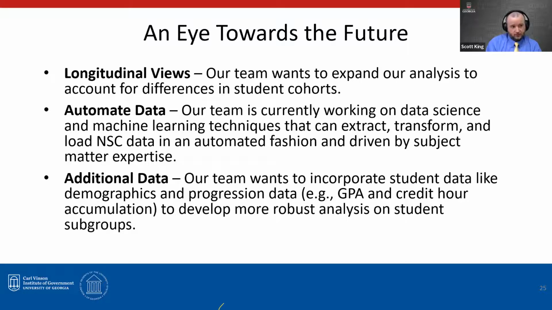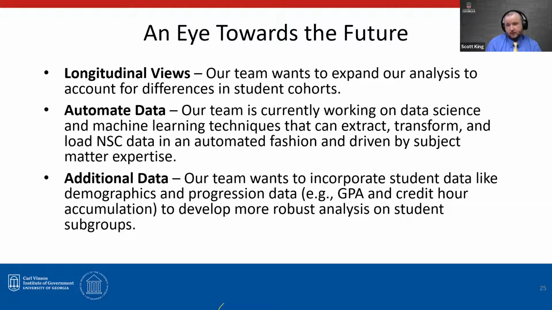We're always trying to stay on the cutting edge of data science too. So we're trying to automate as much as we can, use different machine learning techniques that can extract, transform, and load all of the data into the tool in an automated fashion, driven by our subject matter expertise team. And lastly, we would like to incorporate additional data.